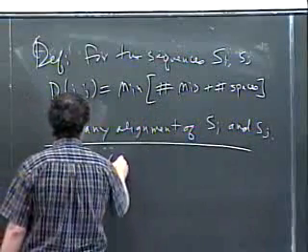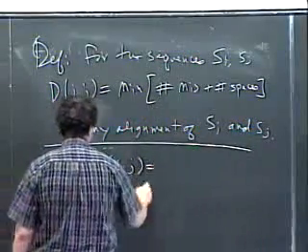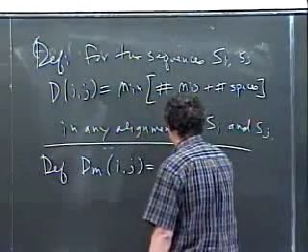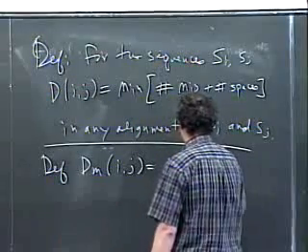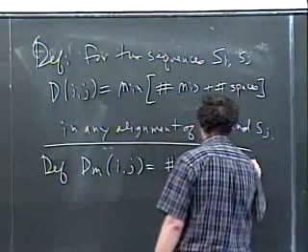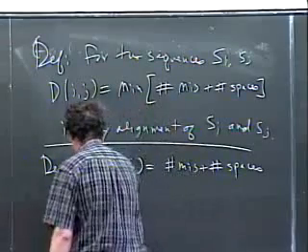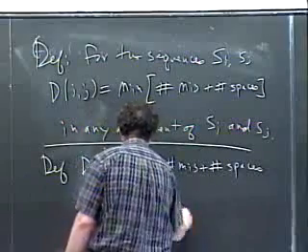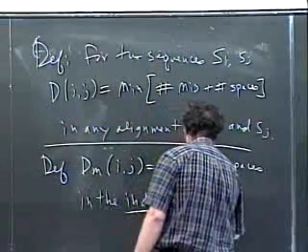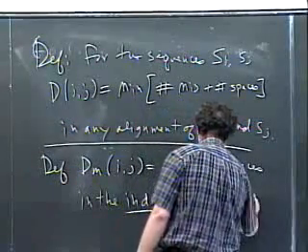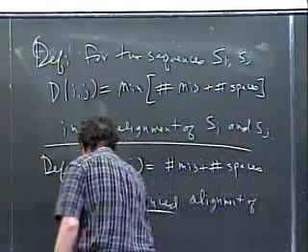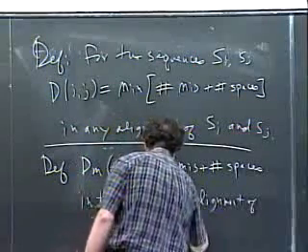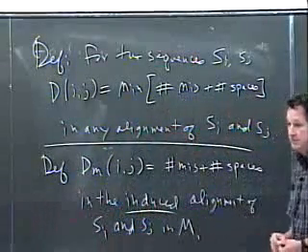Then I'm going to define dM ij is equal to the number of mismatches plus number of spaces in the induced alignment of SI and SJ in M. M is a multiple alignment.